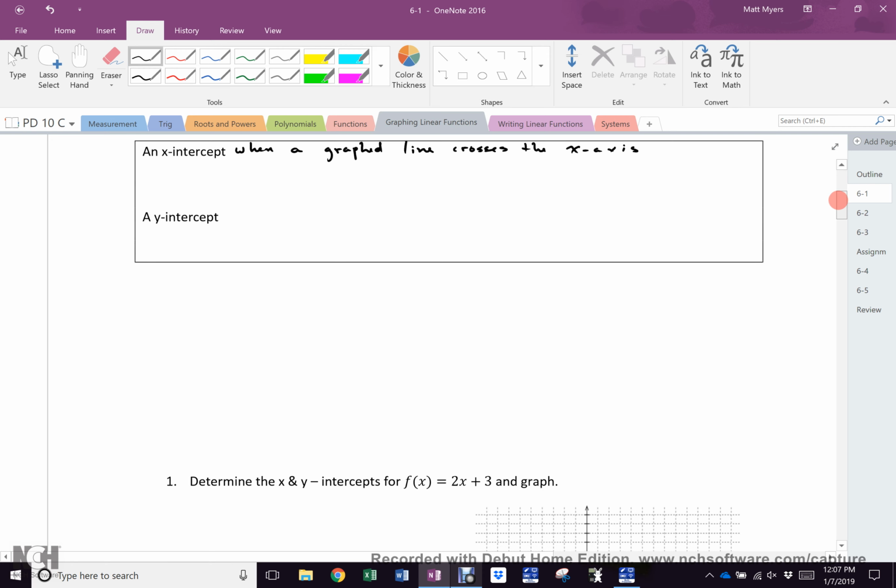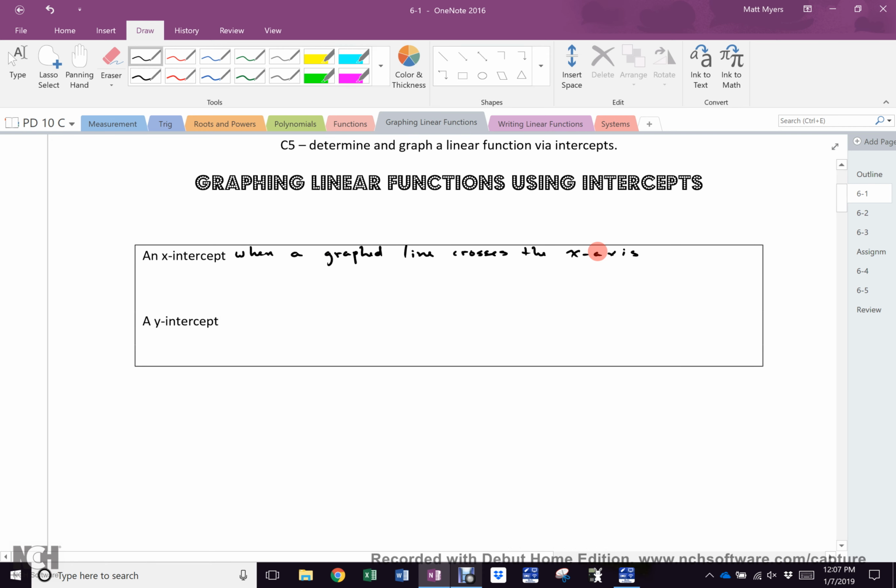Easy peasy lemon squeezy. So what then, obviously, is a y-intercept? When a graphed line, and again, it doesn't need to be straight, when a graphed line crosses the y-axis.